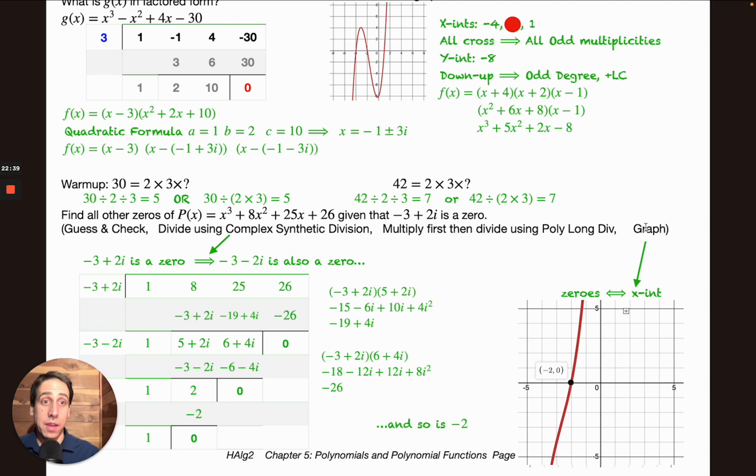You could divide using repeated complex synthetic division, or you can multiply first. So you can multiply these conjugates together and then divide the result using polynomial long division. Or if you wanted to, you could graph it. If you have access to a graph and graphing is not too difficult, then you could also graph it here. Remember, zeros and x-intercepts are very related. So the x-intercept is negative 2.